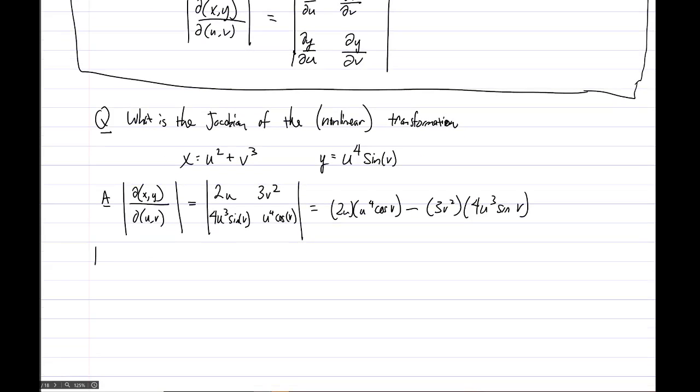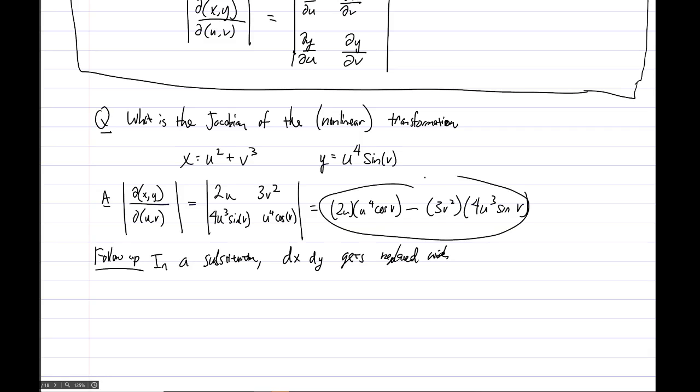And then, though we're done with the question, just as a follow-up, it does mean that when it comes time, in a substitution in a future problem, dx dy gets replaced with the following.